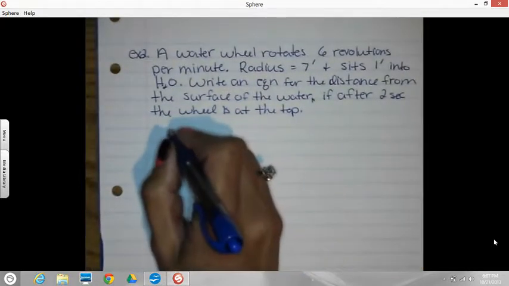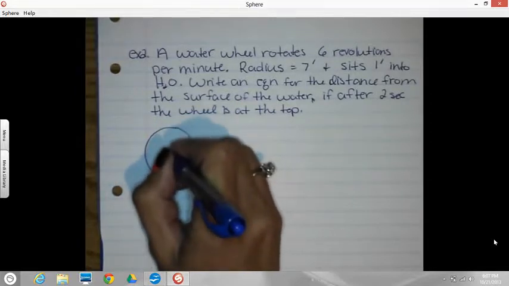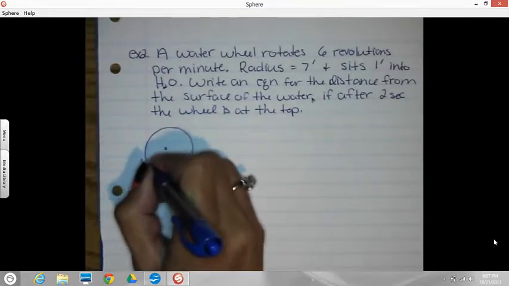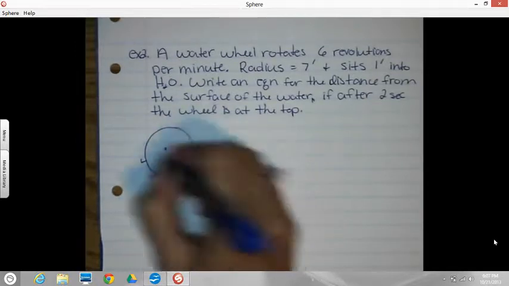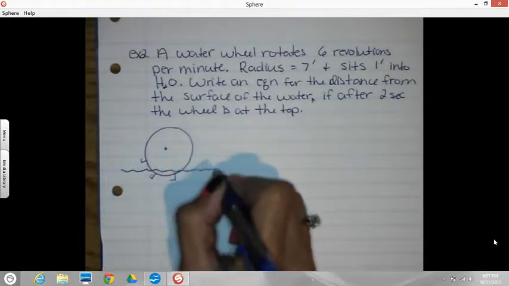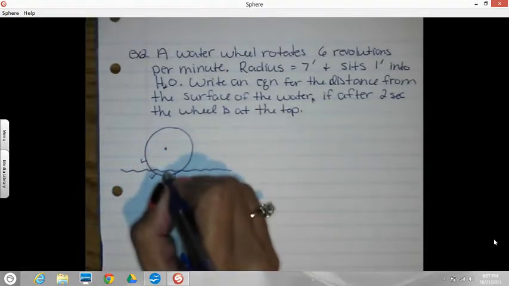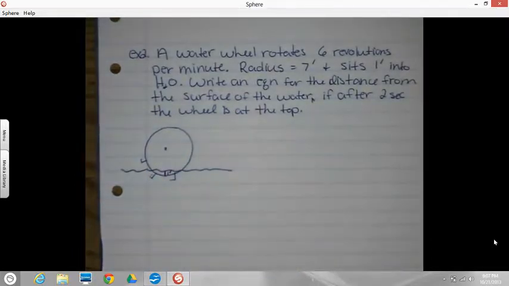You've got the water wheel sitting on its axle. It has little buckets that catch the water all the way around. And it's sitting 1 foot into the water. So that's 1 foot below the water. It has a radius of 7 feet.